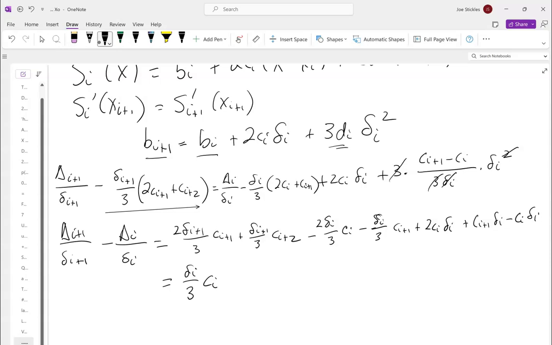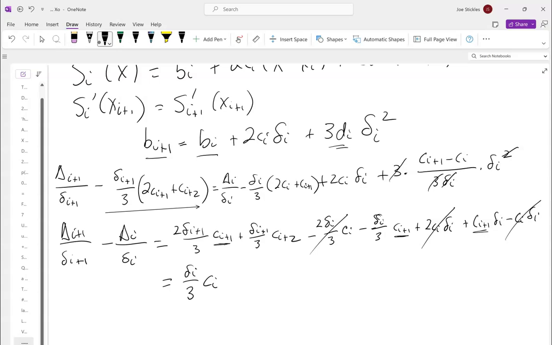That's it for those. I'm going to just cross those off so I don't work with them again. You can cross them off or not in your notes. I'm just crossing them off so I don't look at them again. Let's do your C sub I plus 1s. Here's a C sub I plus 1, here's a C sub I plus 1, here's a C sub I plus 1.